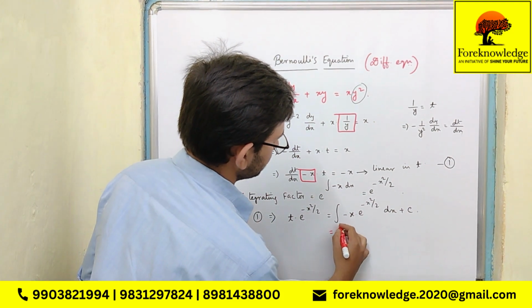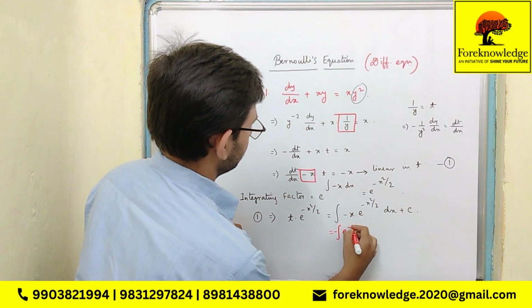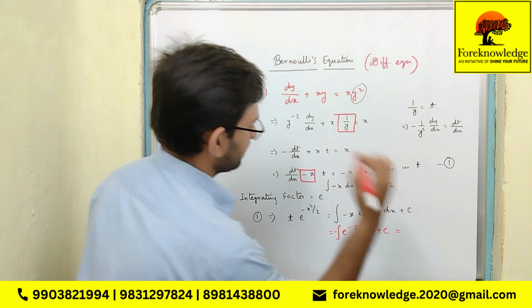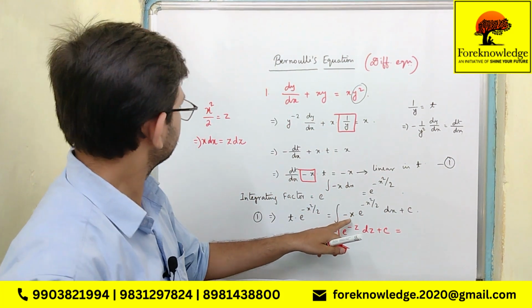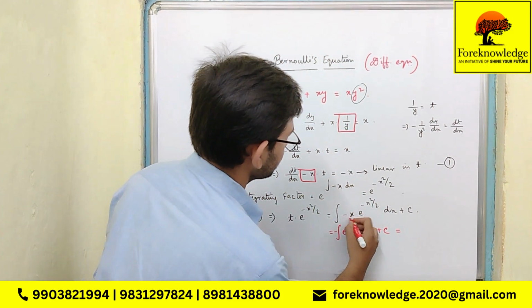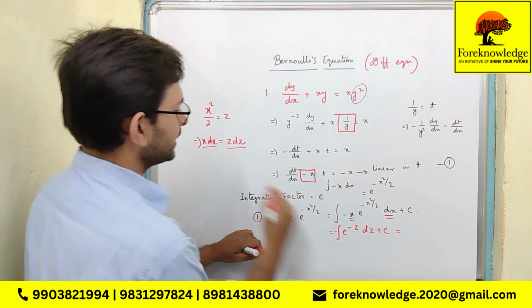So this is nothing but minus of e to the power minus z dz plus c. This x dx becomes dz now.